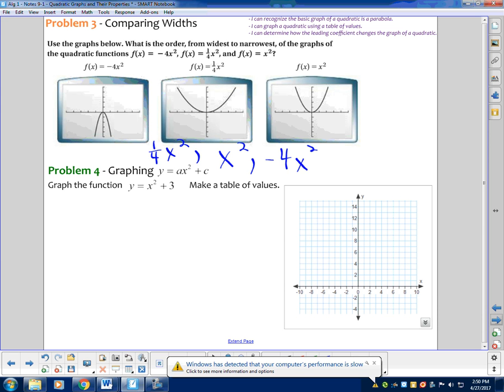In absolute value, which number is the smallest number in front of the x squared? In absolute value. I have to say absolute value because this is a -4. So this one is the 1/4 is the smallest, and then 1, and then 4. Okay, so could you do that? Put them in order from widest to narrowest.